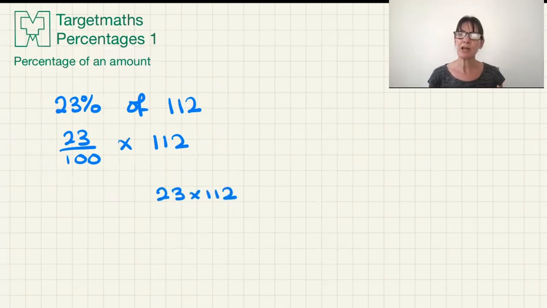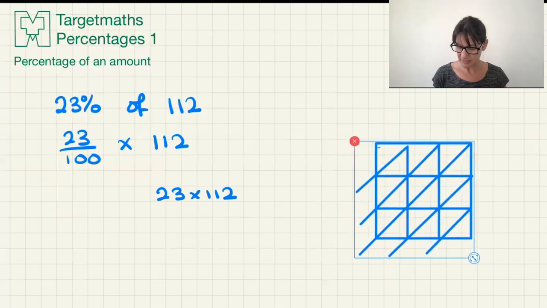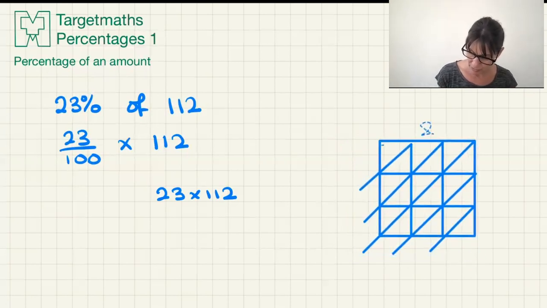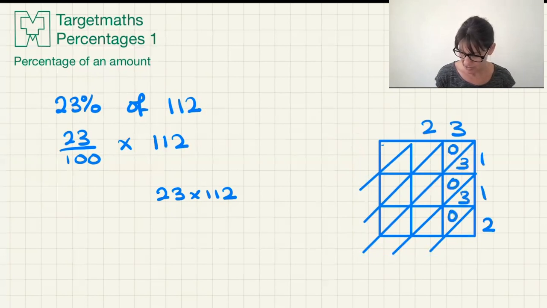This is where you apply whatever long multiplication method you have. I'm going to use the Chinese method. Let me move it over there, and let's get my pen: 23 and 112. 1 times 3 is 3, and again, and 3 times 2 is 6. 2 times 1 is 2, 2 times 1 is 2, and 2 times 2 is 4.